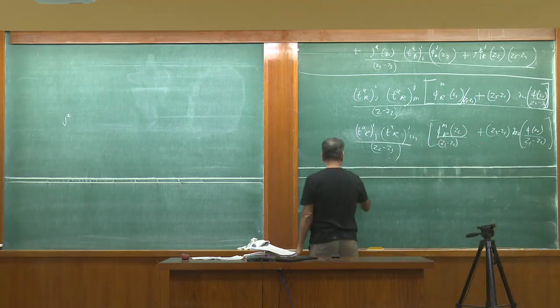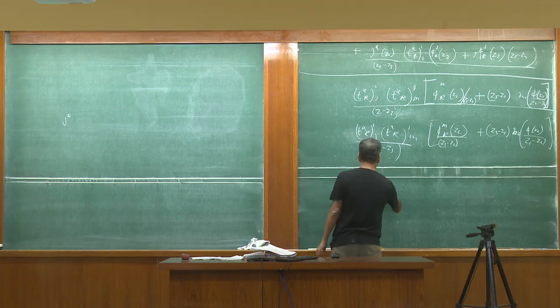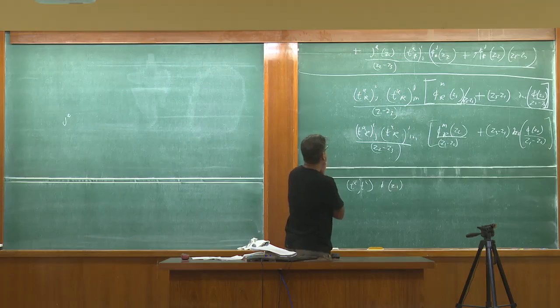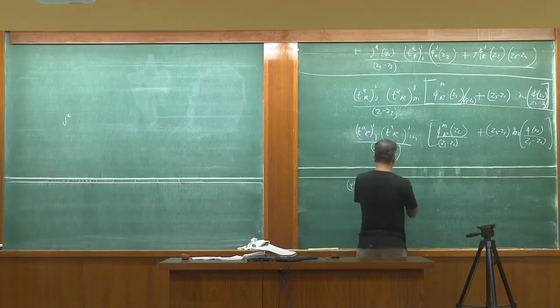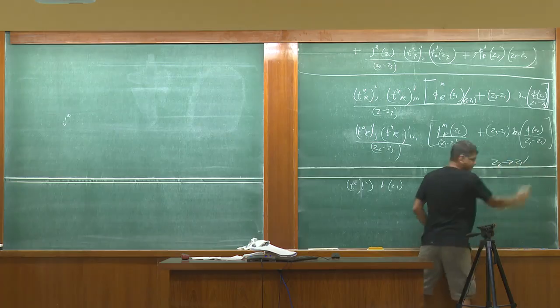Okay. So what we'll get is t squared. So TA acting like a matrix, I'm not writing the indices. TA on phi of Z1. Z1 was the insertion point, and TA of Z, so we've taken Z2 goes to Z1.